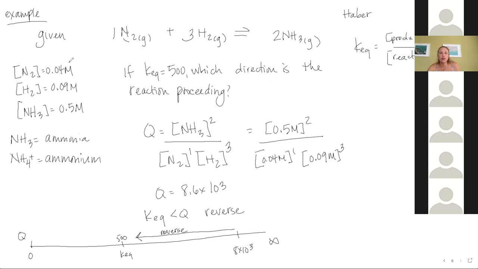You can see too that here we're favoring our products. We have a much higher concentration of our products than our reactants, and it results in a very high Q value.